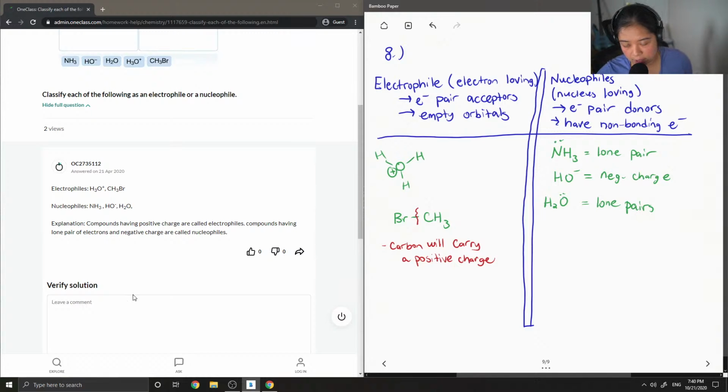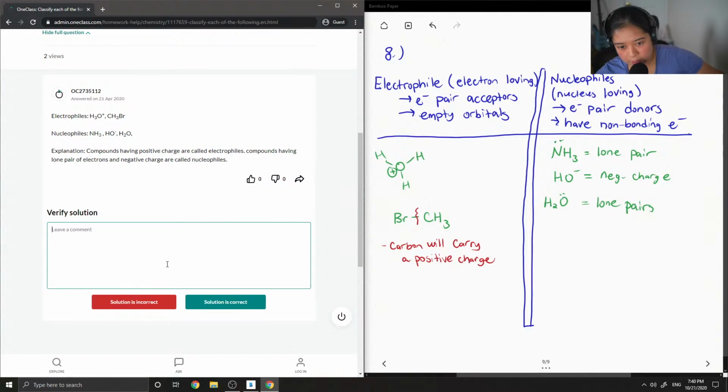So I'm just going to also add some of my definitions as well, just in case there aren't lone pairs involved, just in case there aren't any charges involved. I'm also going to put that electrophiles are also electron pair acceptors. And they can have empty orbitals as well.